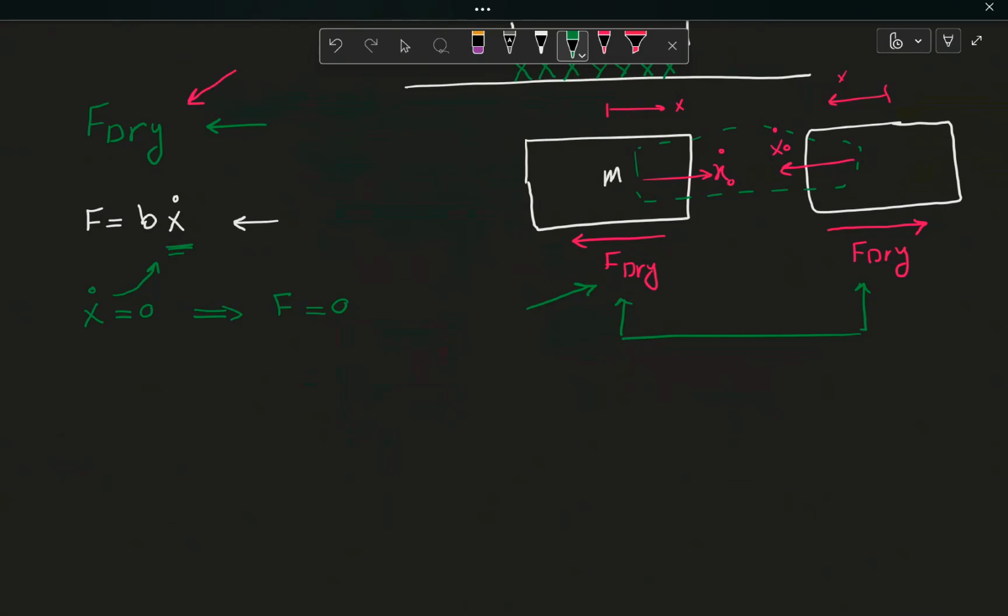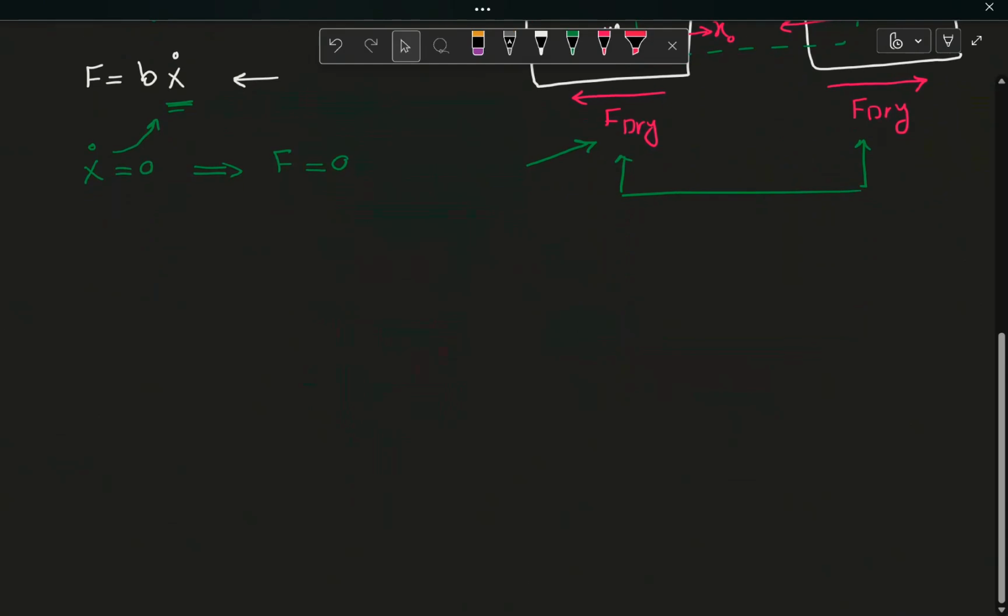So for F dry, I need two things. I need something that flips the direction of the force whenever the direction of motion is flipped. Also, I need something that can handle zero velocity.